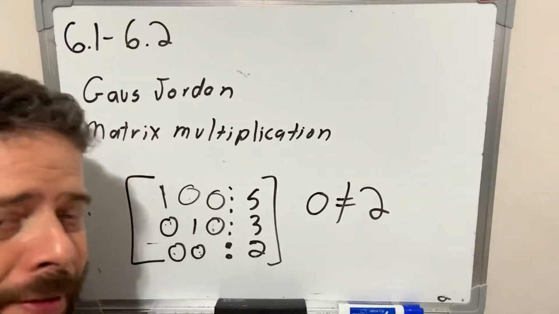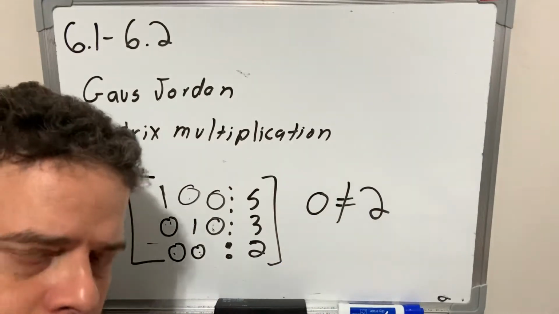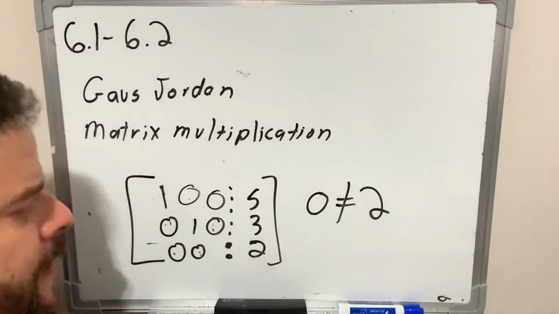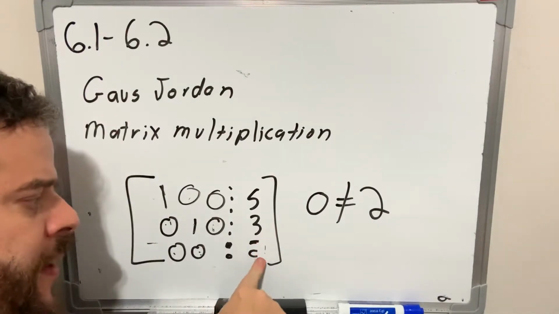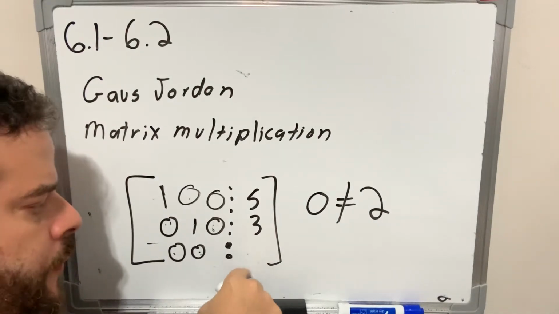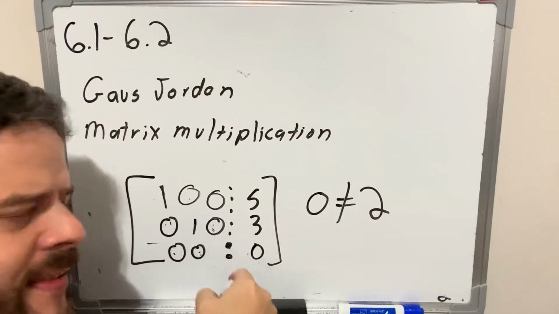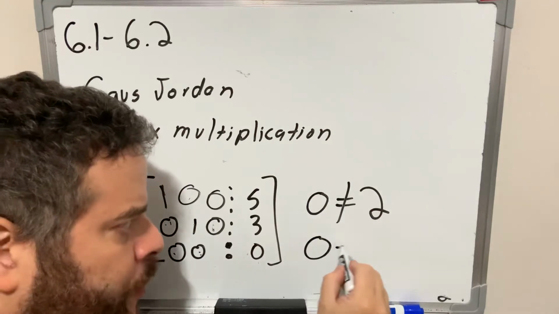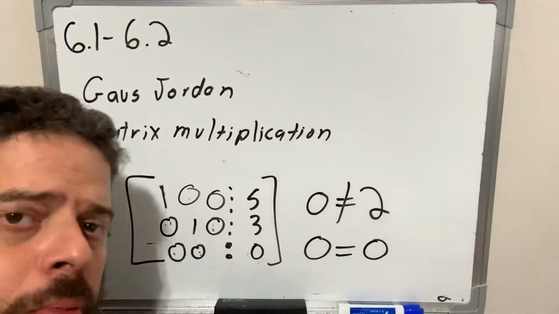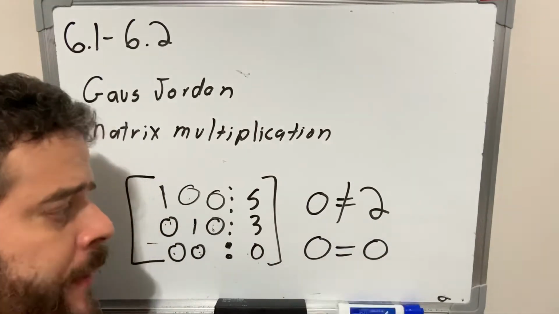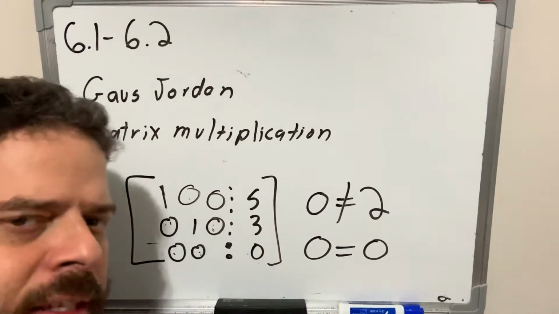When that row cancels out, no solution to that matrix. Infinite many solutions is similar, but instead of ending with a value, also the value on the right-hand side cancels out, and you're left with an equality, 0 equals 0. When that happens, you just say infinite many solutions.